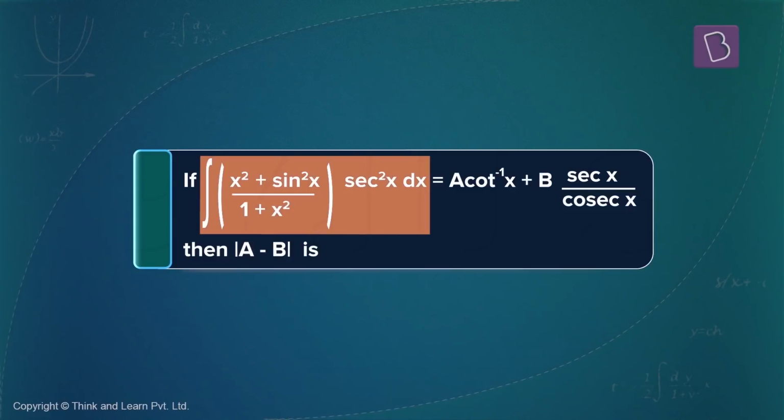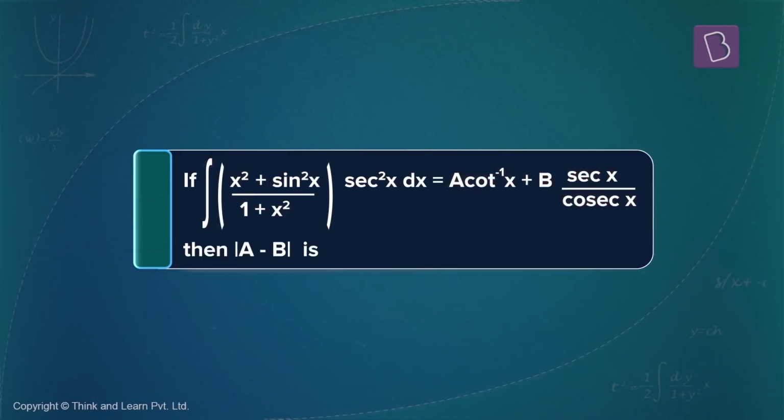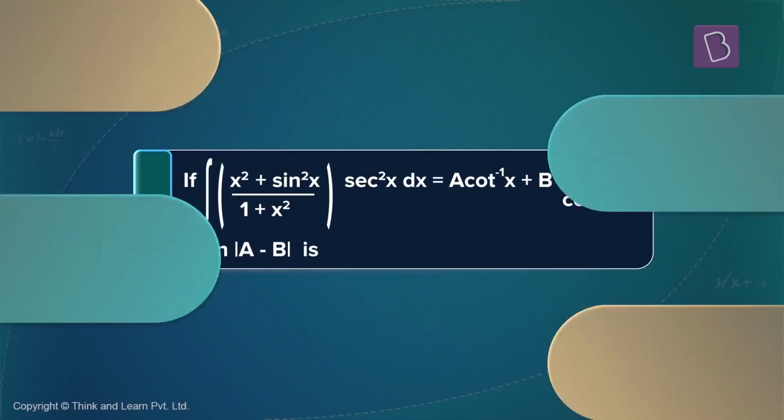The integral is integral of (x square plus sine square x) divided by (1 plus x square), all multiplied by secant square x dx. And it has been told that this integral is equal to a cot inverse of x plus b secant x divided by cosecant x. So now there is the a and the b whose values you have to find out.